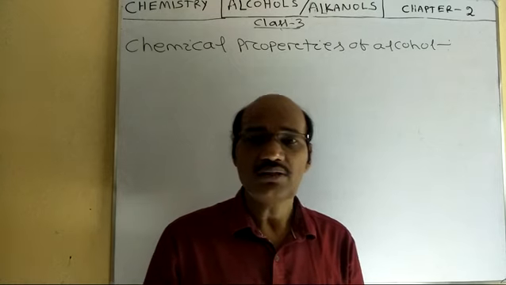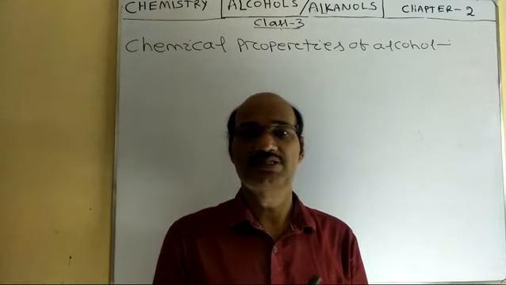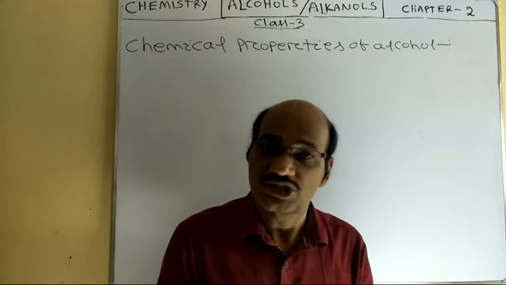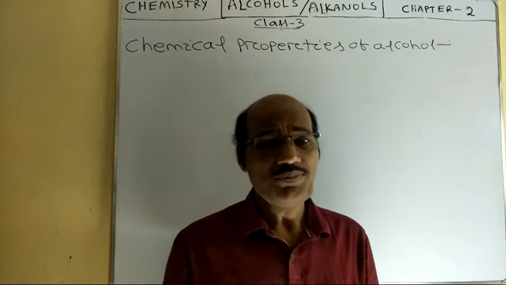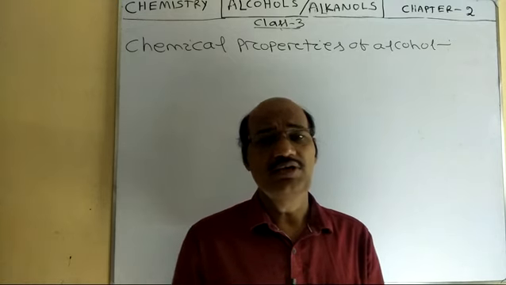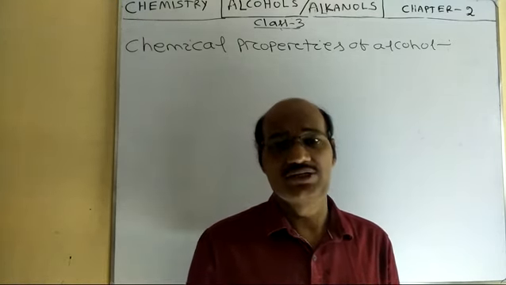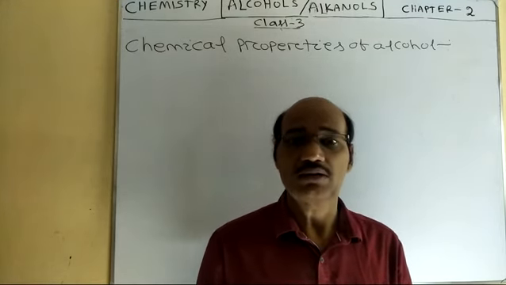The chemical behavior of a particular class of organic compound depends upon the chemical behavior of the functional group present. So, if we are aware of the behavior of the functional group, then it will be easy to understand the chemical properties of a particular organic compound.